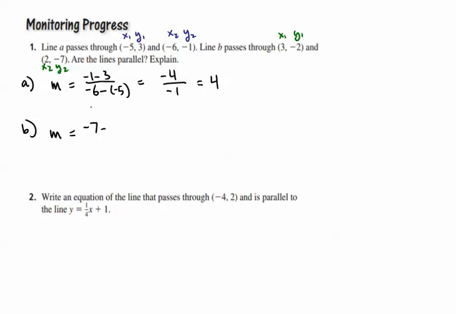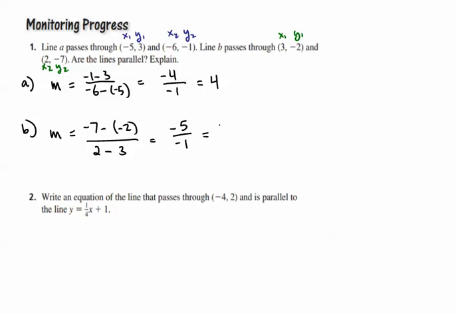negative 7 minus negative 2 over 2 minus 3. Negative 7 minus negative 2 is negative 7 plus 2, which is negative 5. 2 minus 3 is negative 1.